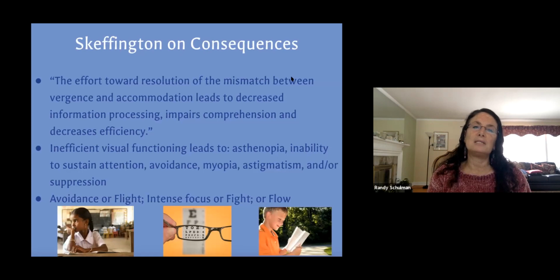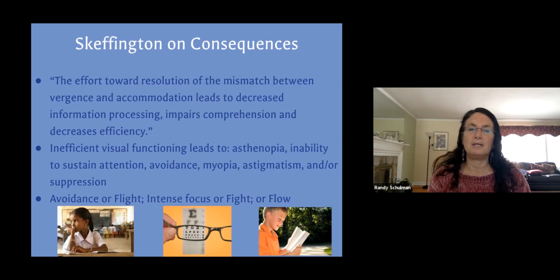So what he says is this effort towards resolving the mismatch between vergence and accommodation leads to decreased information processing, impaired comprehension, and decreased efficiency. So that inefficiency of visual functioning will cause a number of things: asthenopia, poor visual attention, avoidance, myopia, astigmatism, and/or suppression or binocular problems.